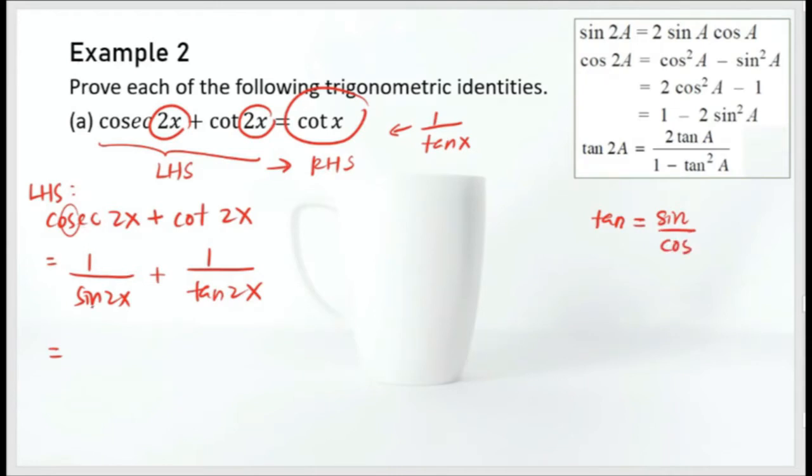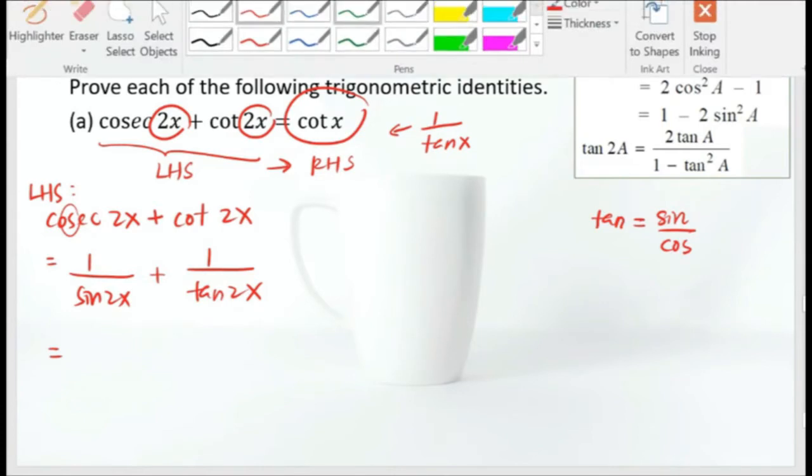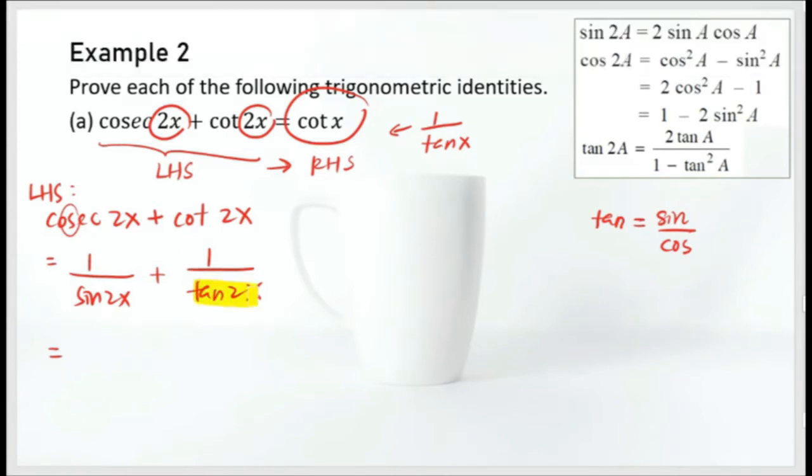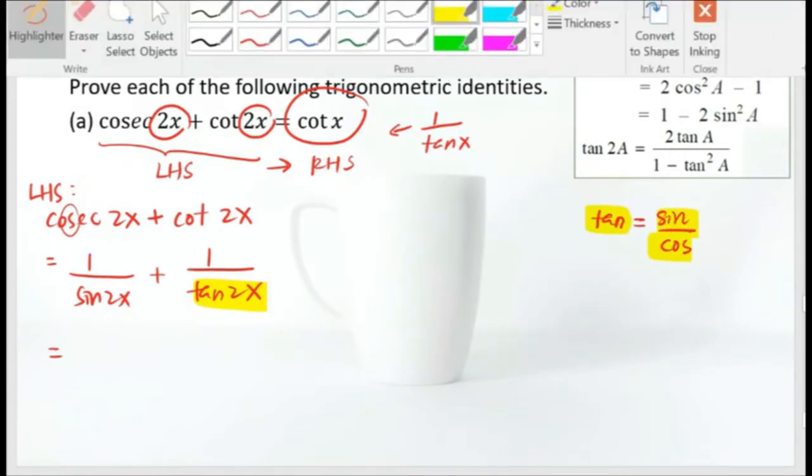Once you see one is sine and another is tangent, what you need to do is change tangent into sine over cos. So from here, you change the tangent 2x into sine 2x over cos 2x.